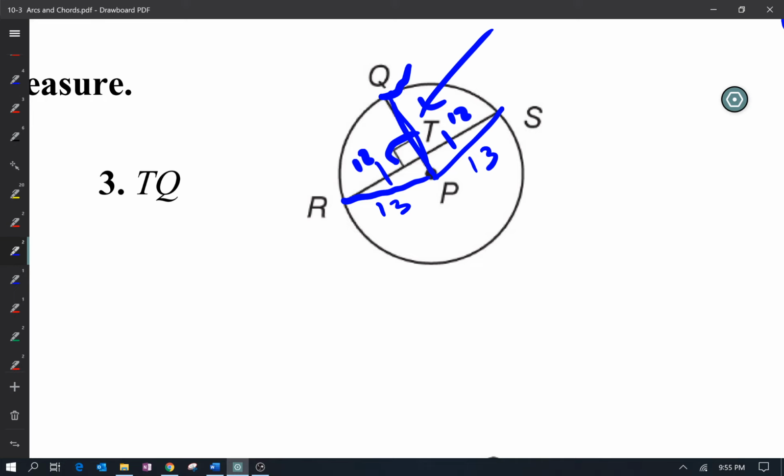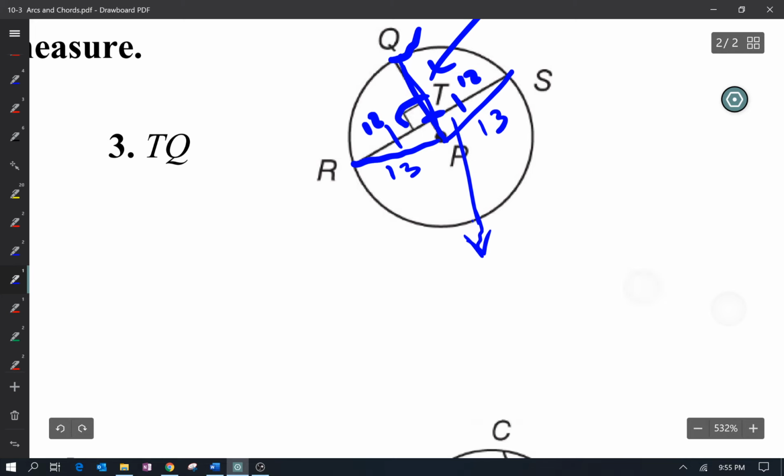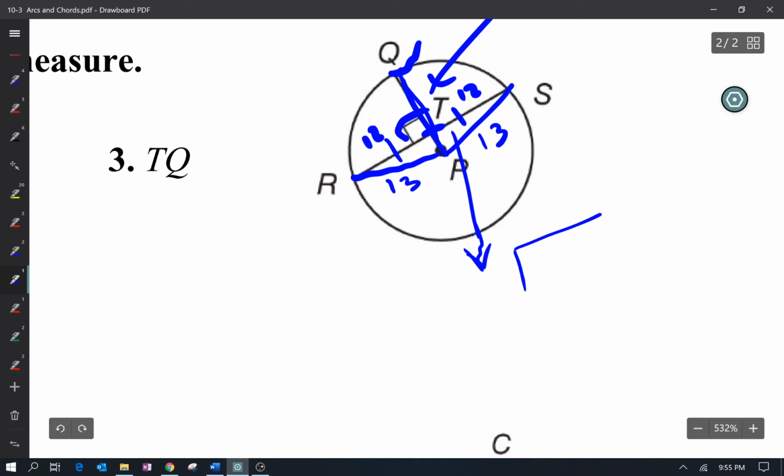So could I find this? I'm going to change my pen size. I'm going to blow this up now, right? I'm going to bring this out over here. I would have this triangle. It does not look like it's to scale, but that's okay, right? Oh, it probably is to scale because this is not a 3, 4, 5. All right, I've got a right triangle there. So this is 5, 12, 13.